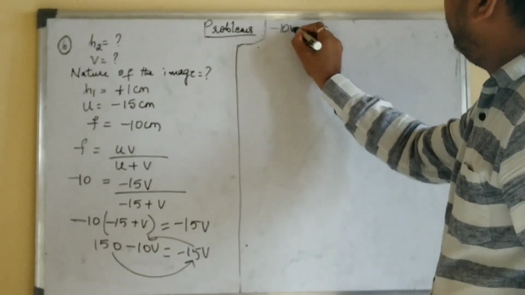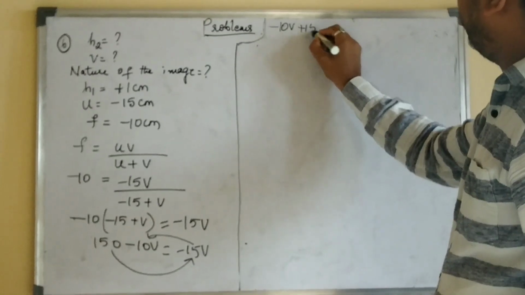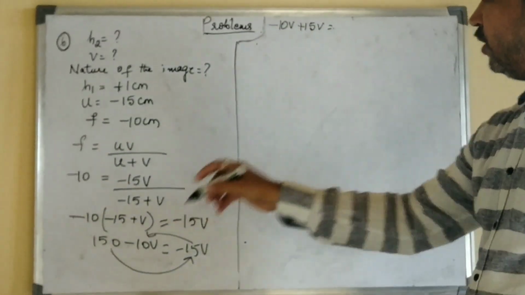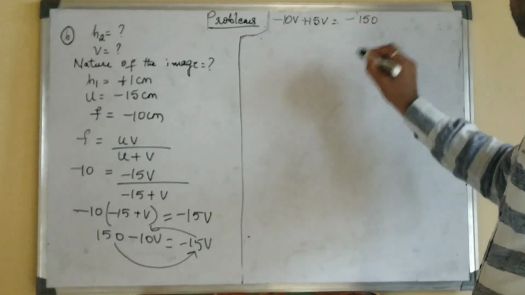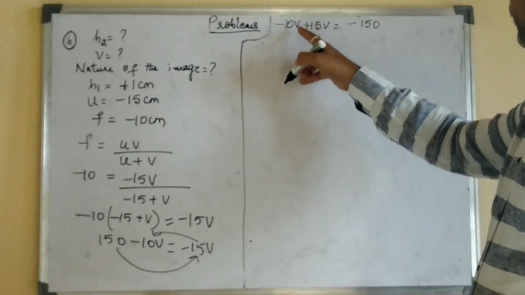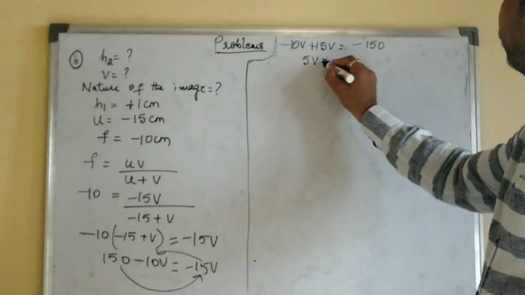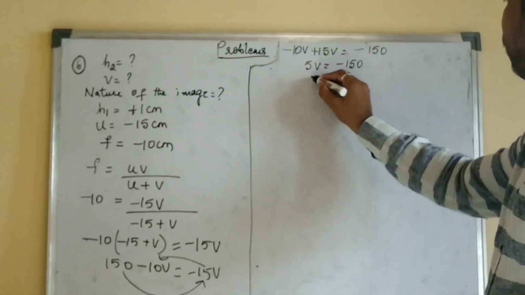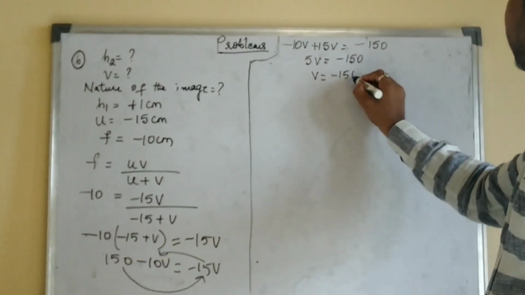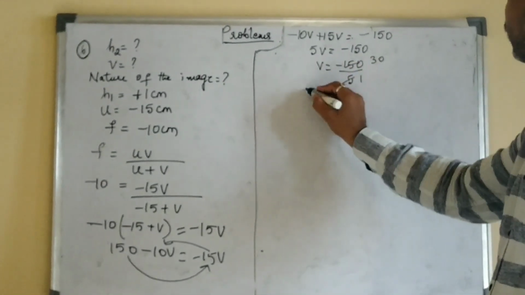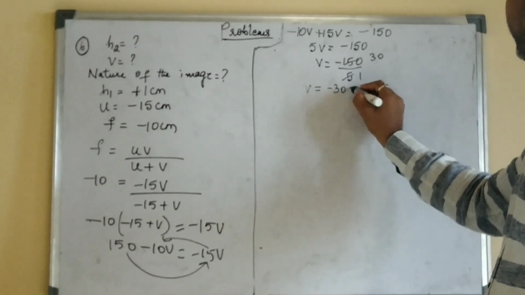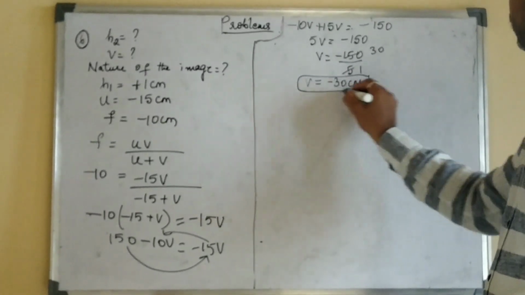Minus 10V then plus 15V is equal to, what you will get? Minus 150. So 15V minus 10V is 5V is equal to minus 150, or V is equal to minus 150 by 5. 5 ones are 5 threes are 15. So we will get minus 30 centimeter.